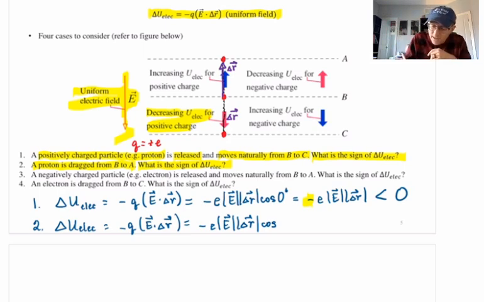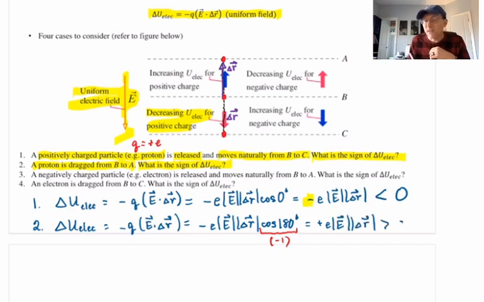So the angle I have to use is 180 degrees. Remember, the cosine of 180 degrees is negative 1. So altogether, this turns out to be plus little e, magnitude big E, magnitude delta R, which is clearly positive. The electric potential energy has increased when I drag the proton from B to A.